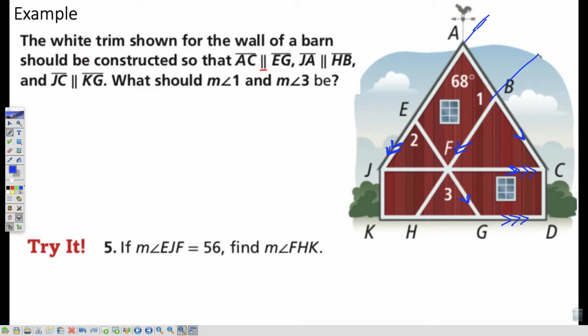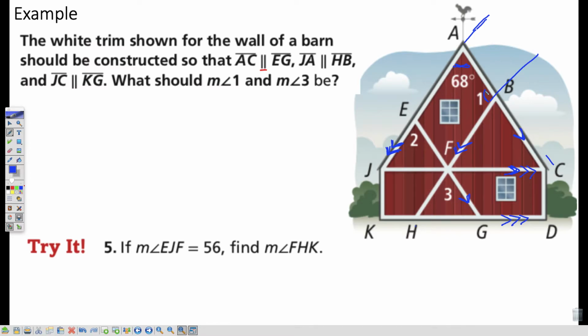So that would make AC a transversal of JA and HB. So this is a transversal right here. So I've got to think about that. If I know that this angle is 68 right here, what does that make 1? 180. No. What's the relationship between 68 and 1?